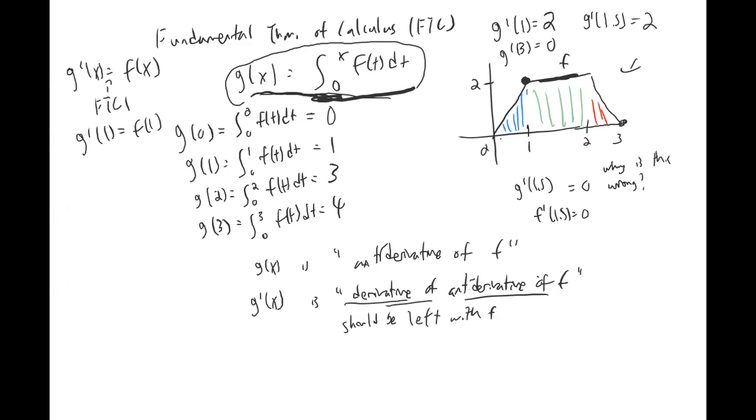If this was the graph of G, it would be correct, but the graph right now is the graph of F. So you have to understand that F prime of 1.5 is 0, but G prime of 1.5 is not, because this is the graph of F, not the graph of G.